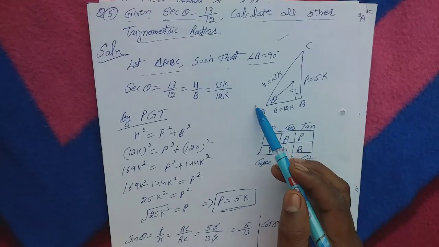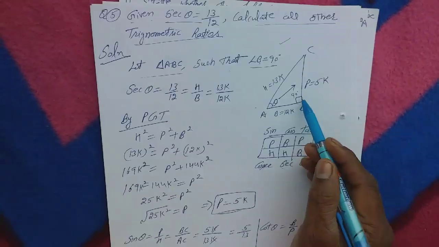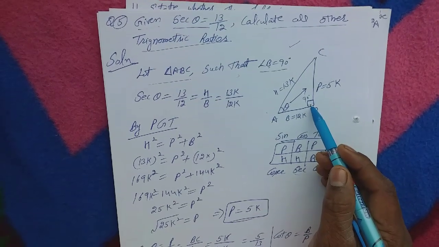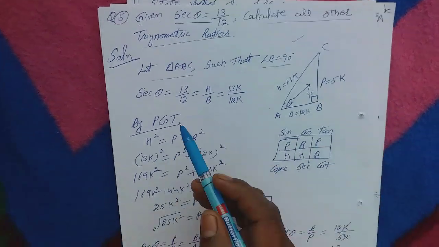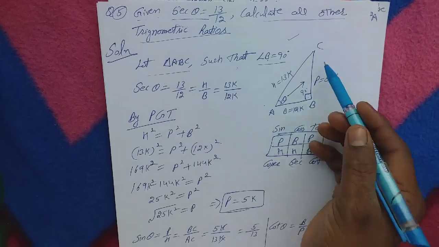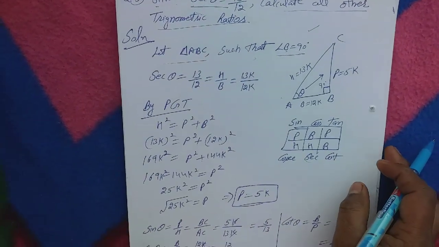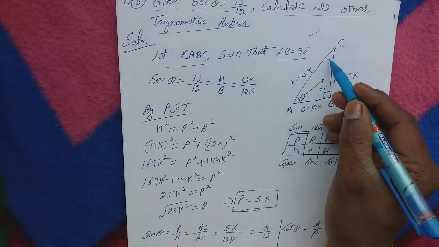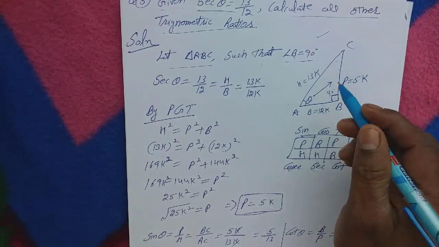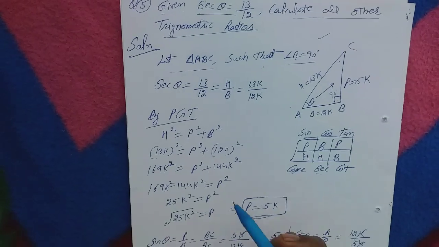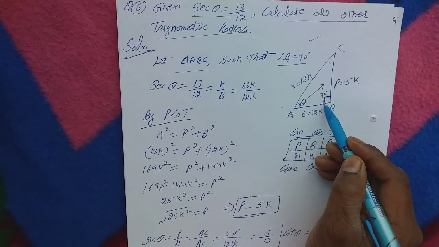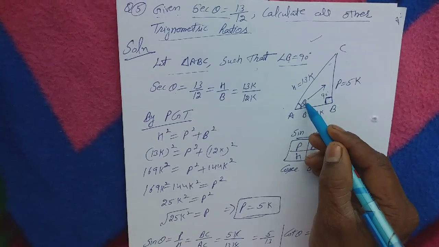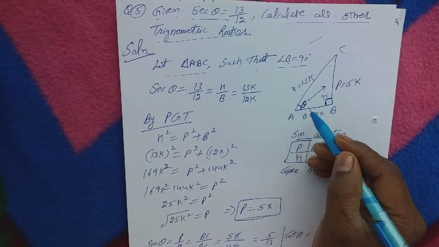We draw a triangle ABC in which angle B is 90 degrees. Theta is not visible in this triangle, so we will mark theta here. You can consider either of the two acute angles, but this cannot be theta. So this is our theta.